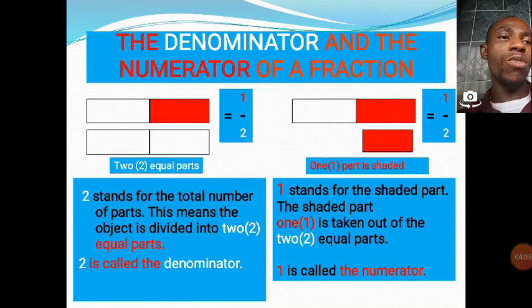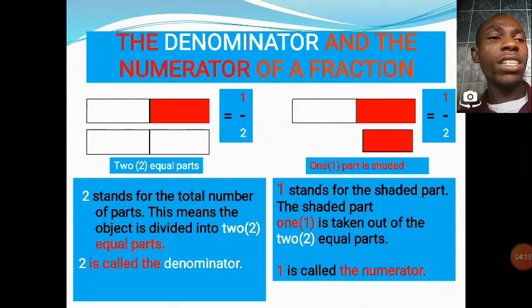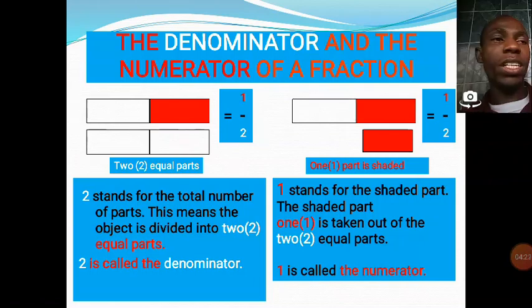1 part out of the 2 is shaded, which is the red one, taken out of the 2 parts. And so we say 1 part is shaded. 1 stands for the shaded part. The shaded part, which is 1, is taken out of the 2 equal parts. And 1 is called the numerator. That is written on top of the 2 parts out of which that 1 was taken.